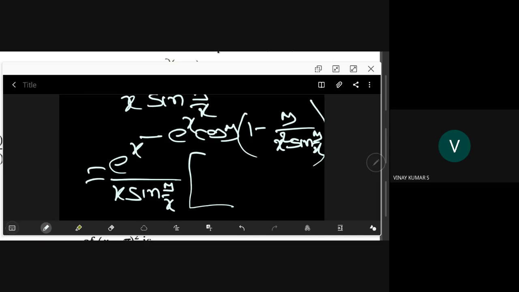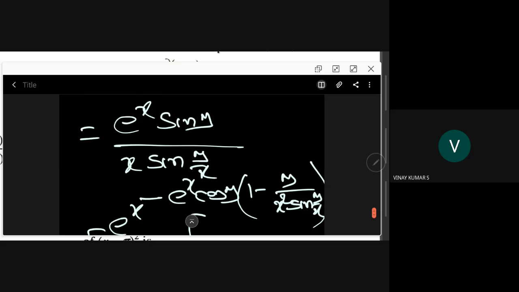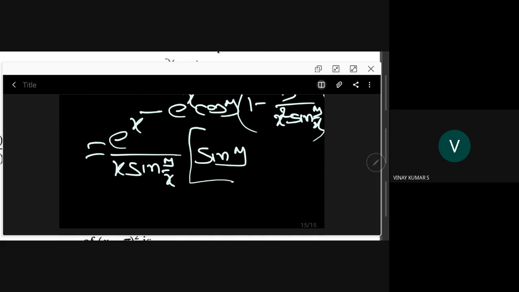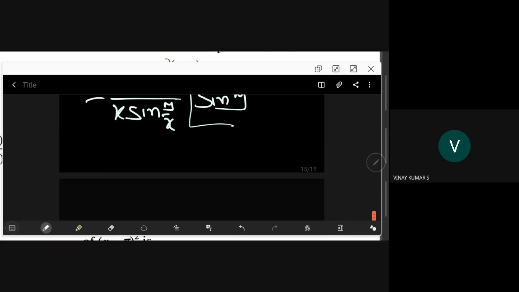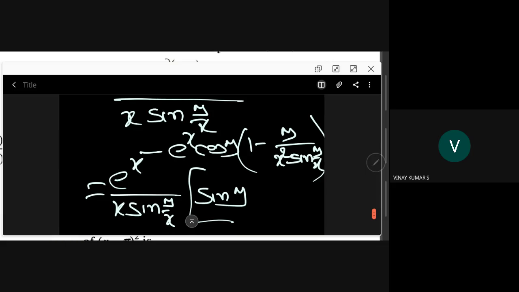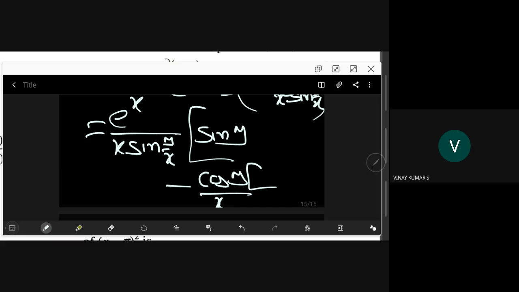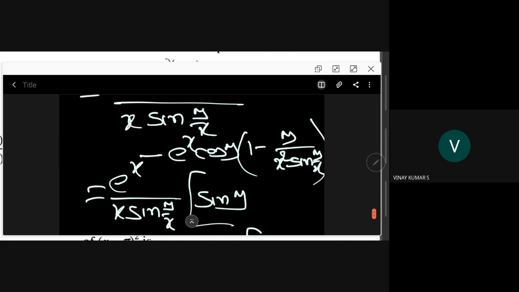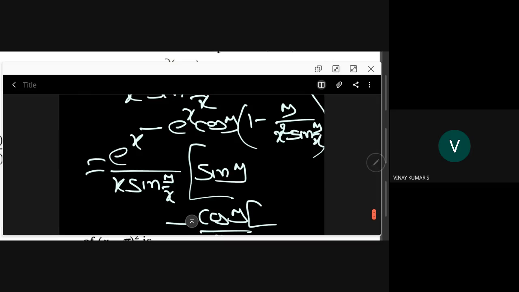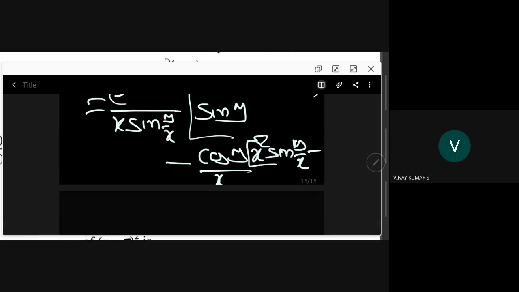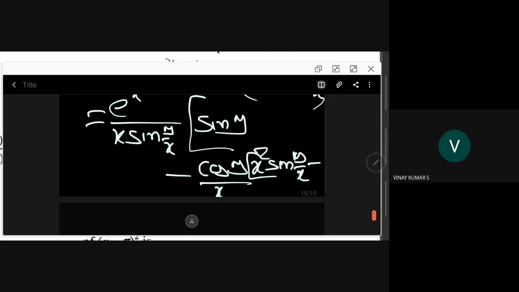Then our first term is sin y, minus cos y into x square sin(y/x) minus y. This is what we are getting.